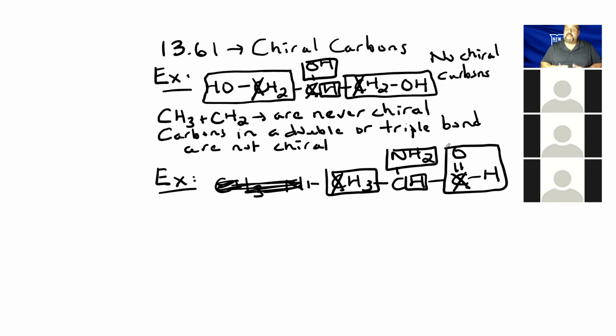And the answer is yes. Those are 4 different atoms or groups of atoms. So this carbon in the middle is chiral. So this particular structure has 1 chiral carbon associated with it.